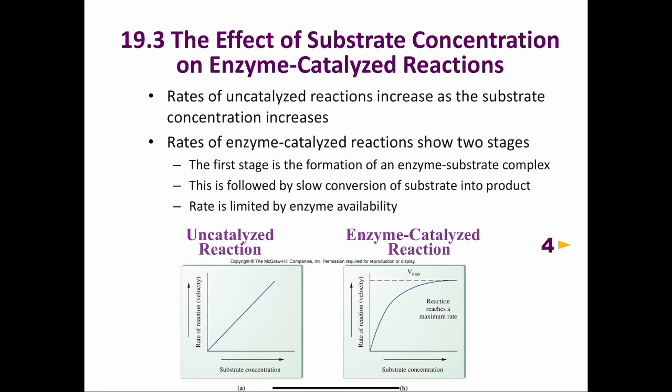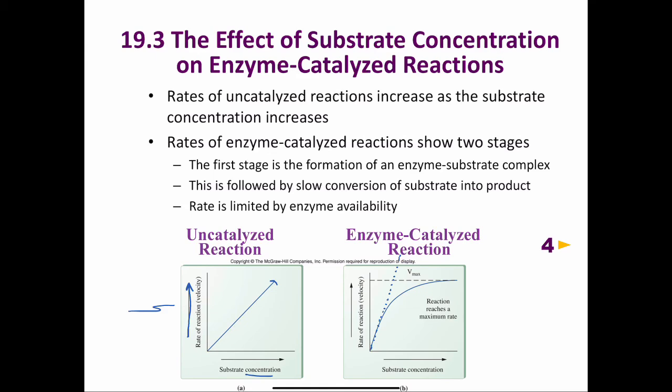So you can see that in the uncatalyzed reaction, as long as I'm increasing the concentration of the substrate, the rate of the reaction is going to increase, and it follows this linear slope. Now, initially, the enzyme catalyzed reaction follows the same trend. So if you were to follow this line, you would be able to trace it into a straight line like this. But what happens is that it drops off. As the substrate concentration increases, the rate of reaction initially increases, but then it tapers off and reaches that maximum value.